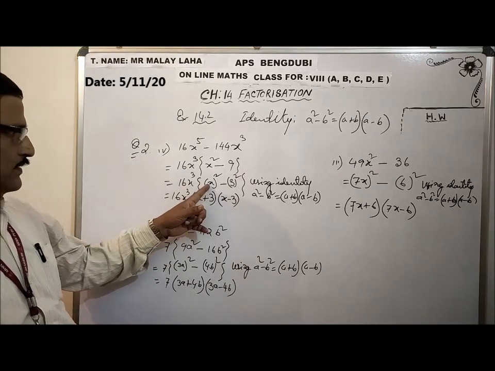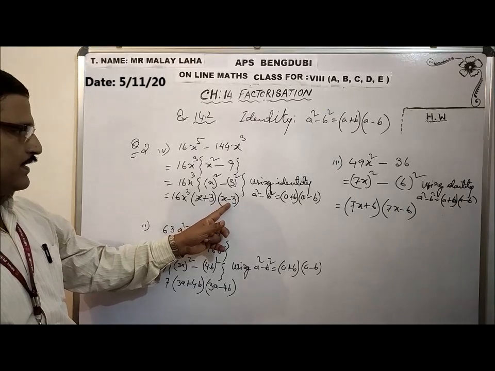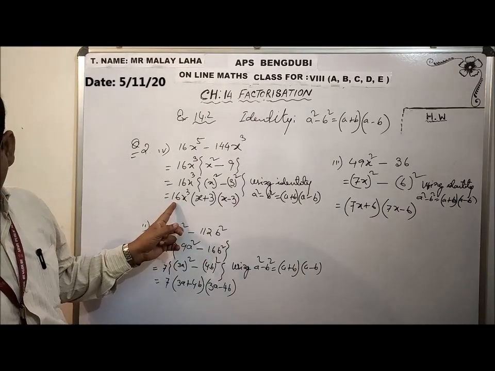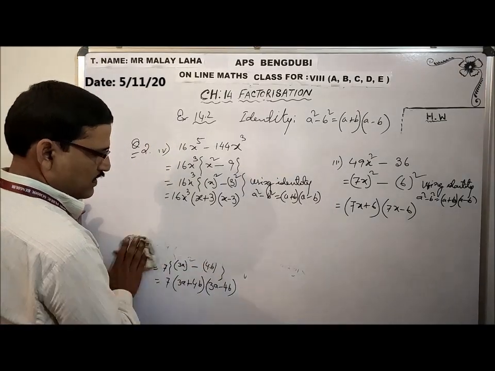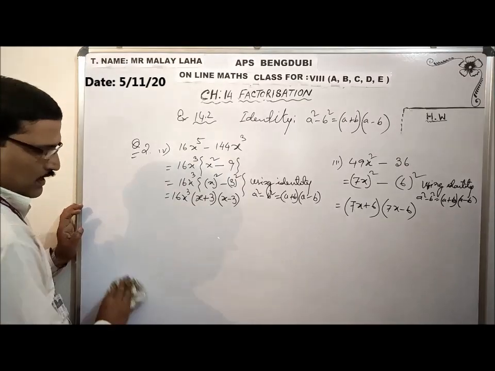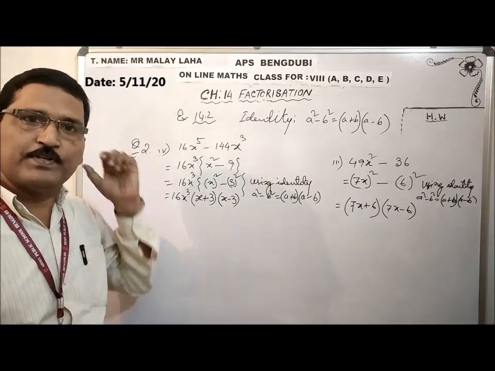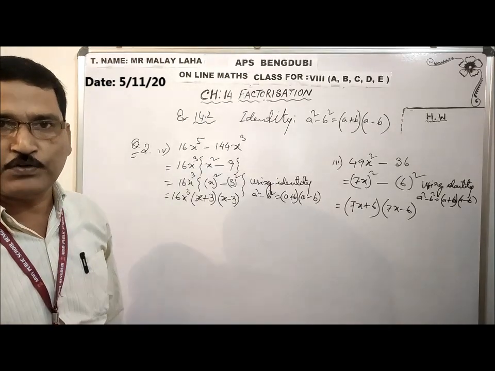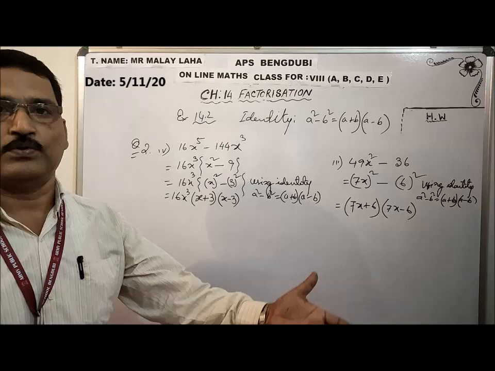So a is x, b is 3: x plus 3, a plus b, and x minus 3, a minus b. And 16x cube I have taken common at the beginning, so it is already one factor. Okay, this is the way when you are not in a position to write the number in a square form. That means you have to reduce the number. How do you reduce? By taking common, and common not from one, common from both.